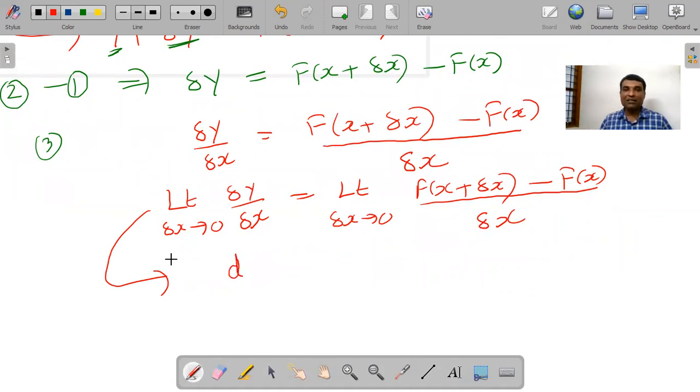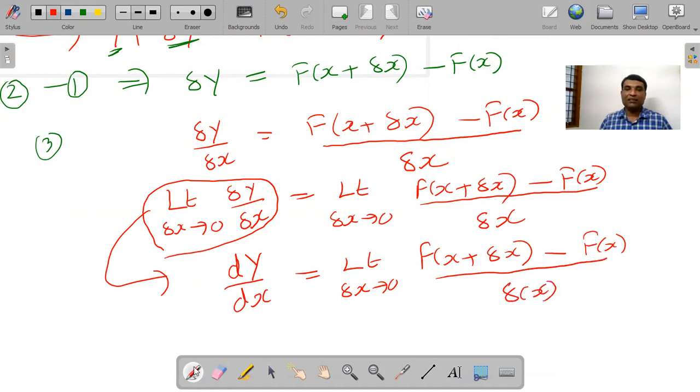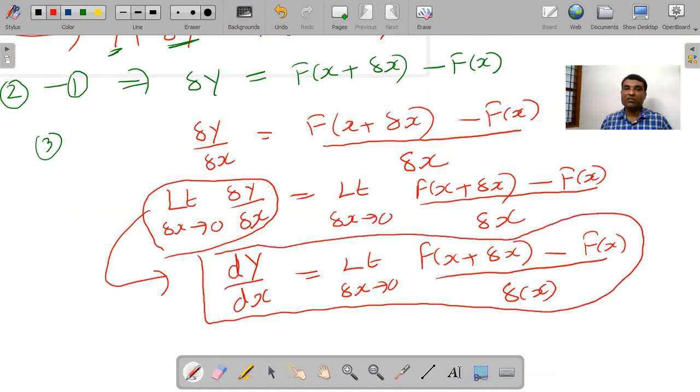So I can replace this term by dy by dx, which is equal to limit delta x tends to 0 of f of x plus delta x minus f of x divided by delta x. By using this, we can find the derivative or differential coefficient of any continuous function.